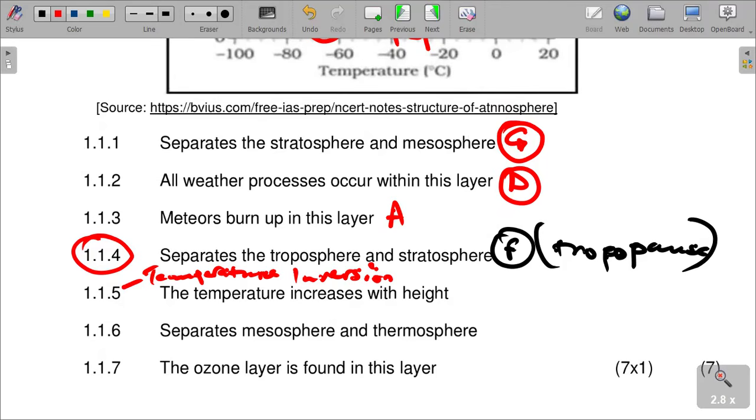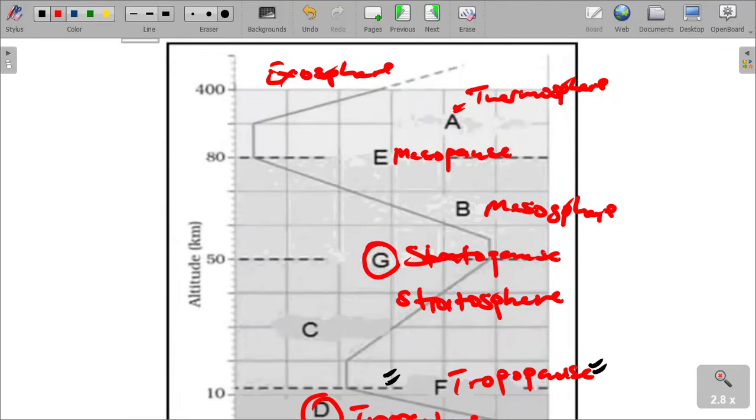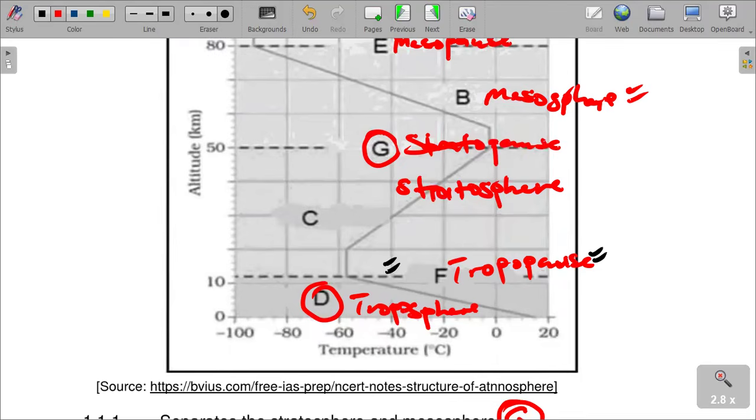Temperature inversion is an increase of temperature with height. It can be represented by the mesosphere, and it can also be found within the troposphere as well.